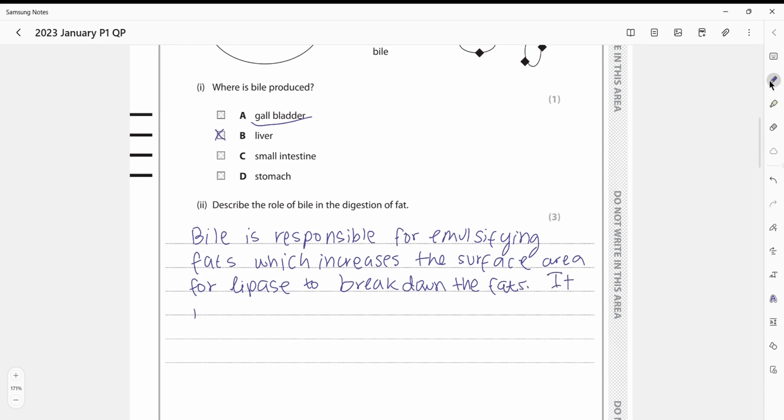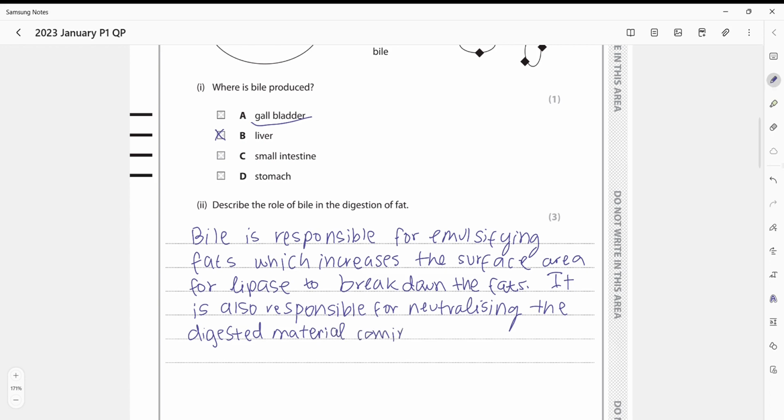It is also responsible for neutralizing the digested material coming from the stomach.